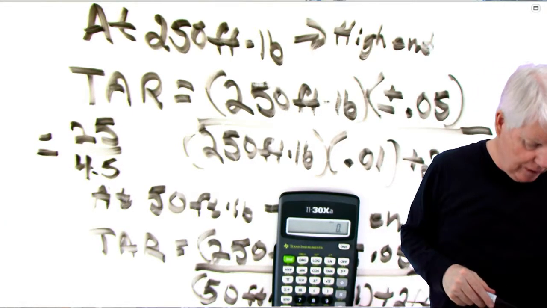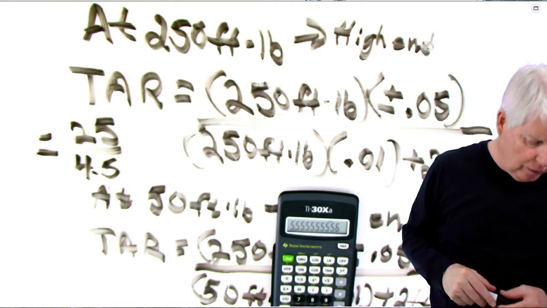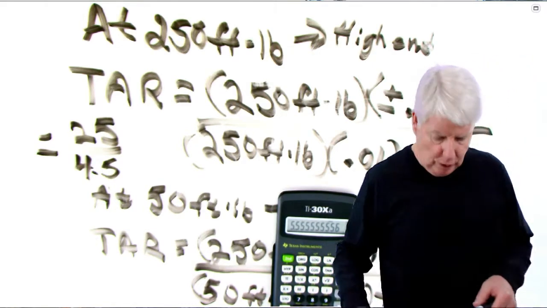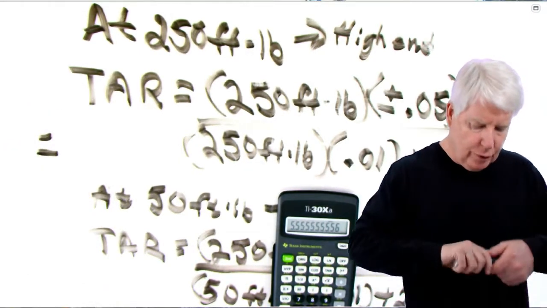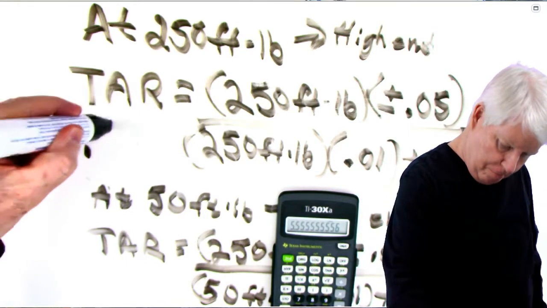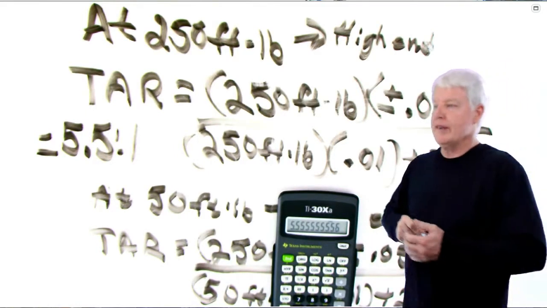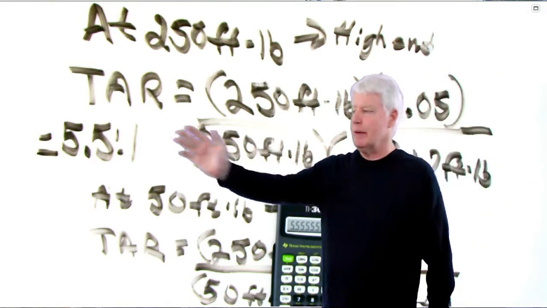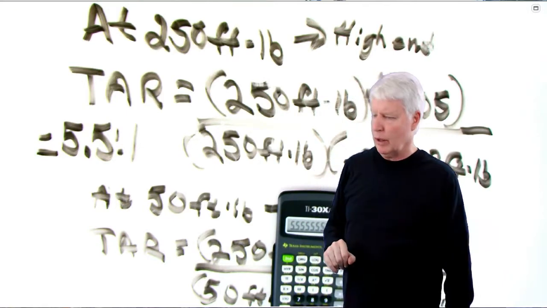So let's do that. 25 divided by 4.5 equals 5.5 to 1. So the TAR on this is 5.5 to 1. And that's over 4 to 1, so at least on the high side of the instrument, this is an acceptable substitute per the TAR rule of 4 to 1.